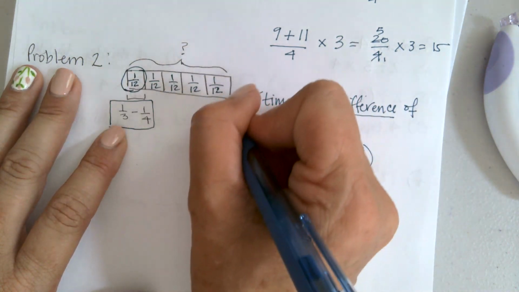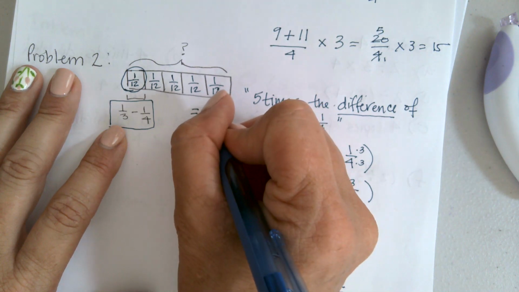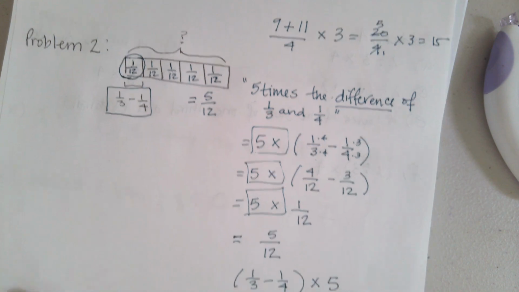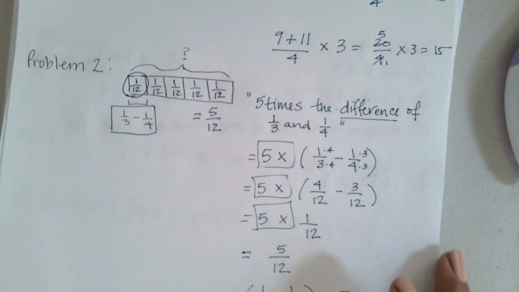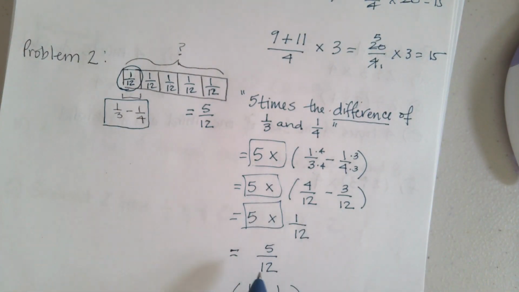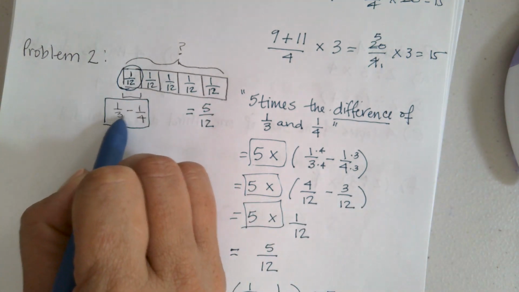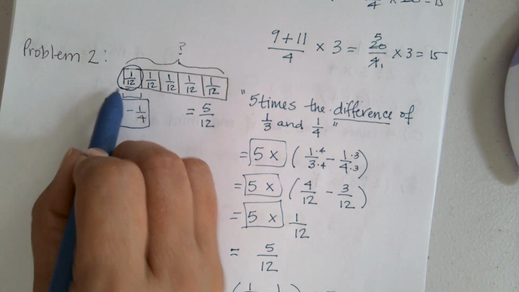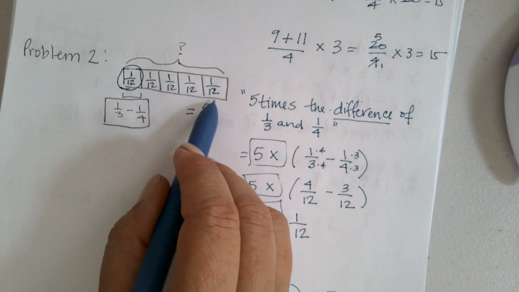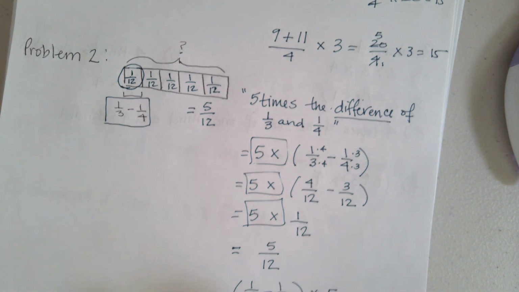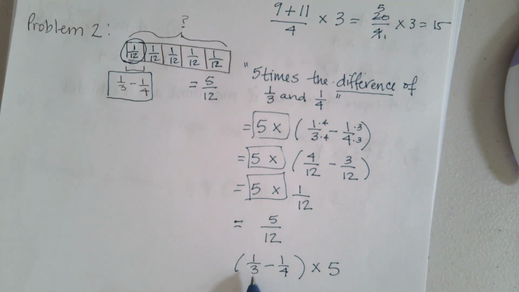This whole tape diagram is equal to 5/12. Sorry, I got myself wrapped around the axle there. I forgot we had already multiplied. All right, so the difference between 1/3 and 1/4 is 1/12. Then we multiplied it by 5 and got 5/12. 1, 2, 3, 4, 5. All right, so the second way we could have written this problem is 1/3 minus 1/4 times 5.